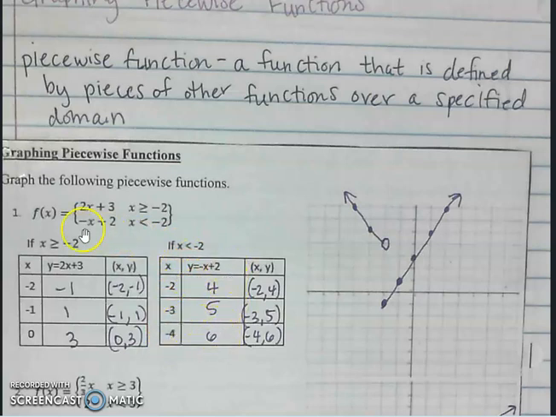You'll plug that into the rule of negative x plus 2 because that's the specified domain it wants you to use. And then you'll have, again, points that you can connect. So when you go to graph negative 2, 4, even though there was a less than symbol, I know that I'm going to put an open circle there. So that's why I included negative 2 in my table, even though it did not say less than or equal to negative 2. Then again, you'll connect your dots and then continue the graph.